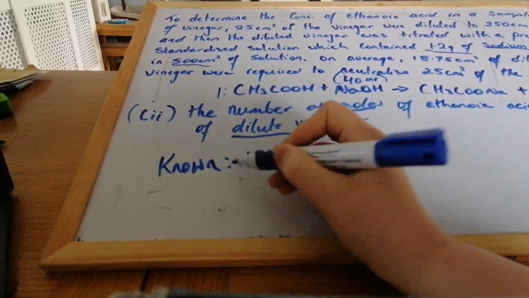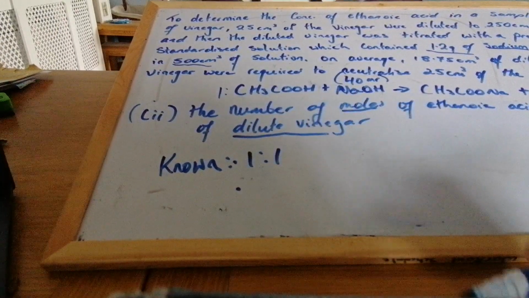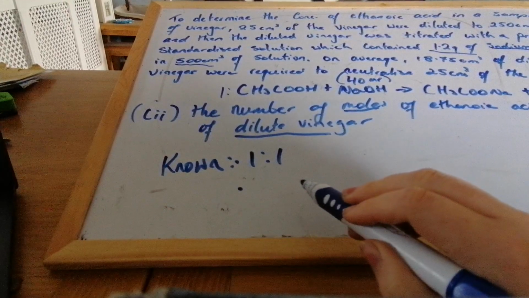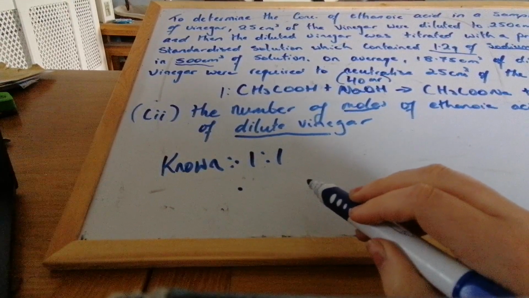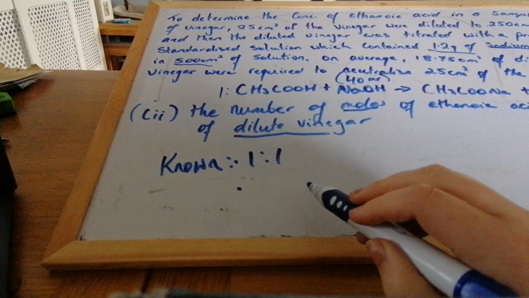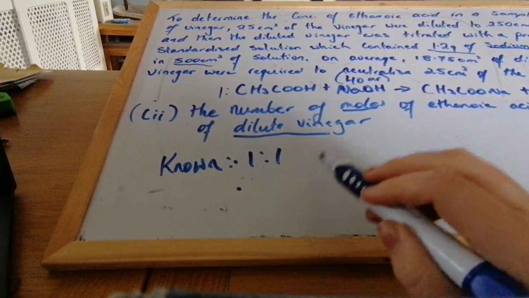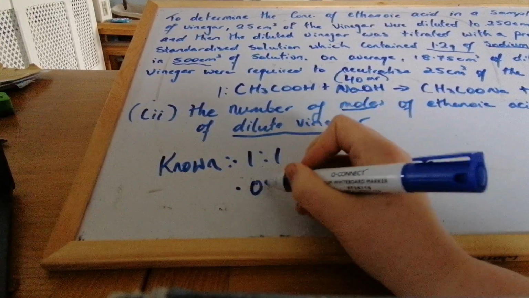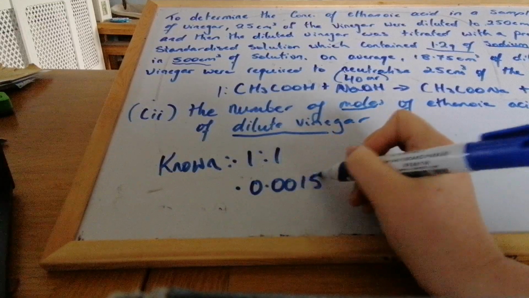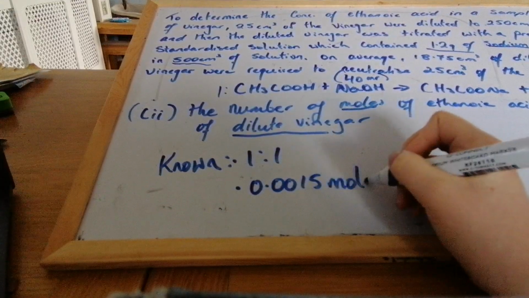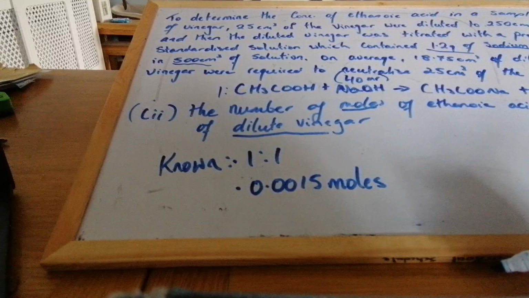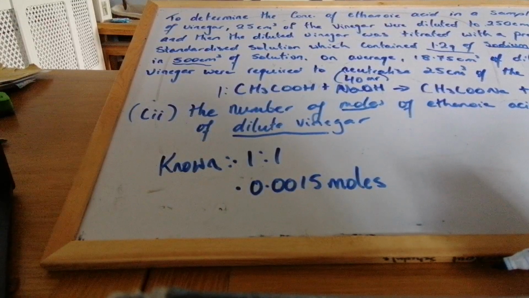The second point of information that we know is that we don't have 1 full mole of our NaOH. From the last question, we have calculated that we have 0.0015 moles used of our NaOH.